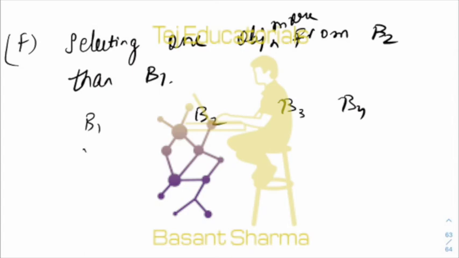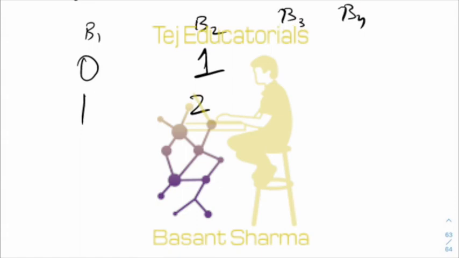So if I select 0 from B1, then I can select one object from B2. Okay, if I select one object from B1, I have to select two objects from B2, and so on till n1, and this will go till n1 plus 1. And from B3 and B4, you can select at least 0 objects, that is you can select nothing from B3 and B4 also, or you could select one each, or you could select two each, or whatever.